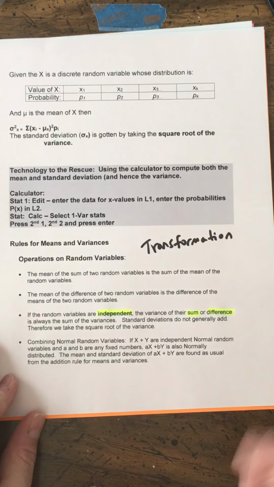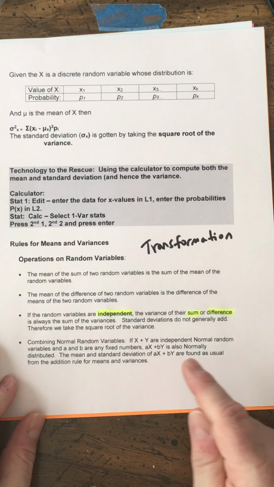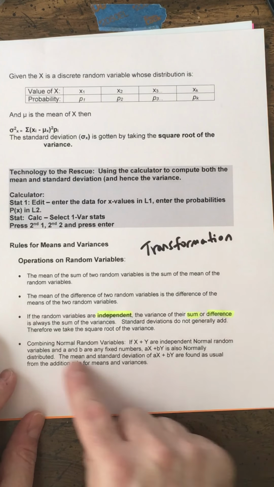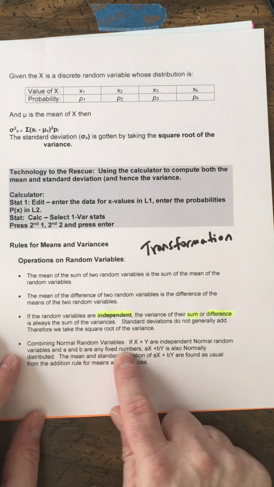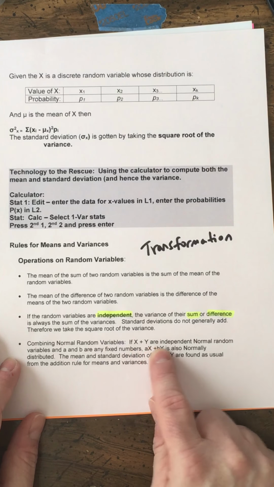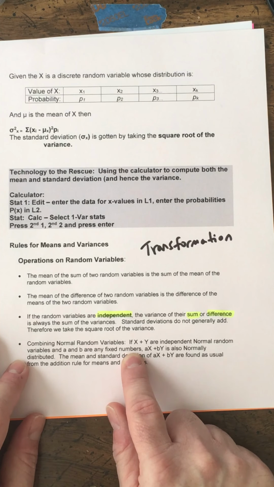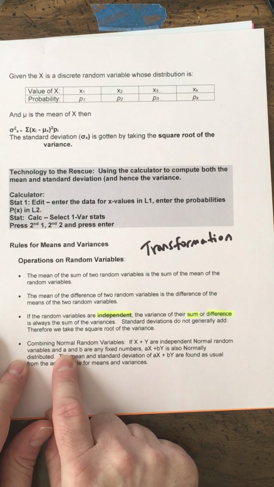If you wanted to find out how much Linda makes per car, we can then multiply by that single number, like $350 per car. So combining normal random variables: if x and y are independent normal random variables and a and b are any fixed numbers, like, let's say a is Linda's commission for a car, so let's say it's 350.